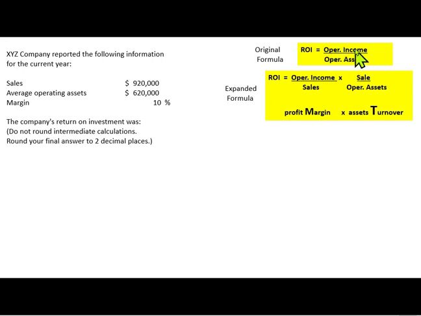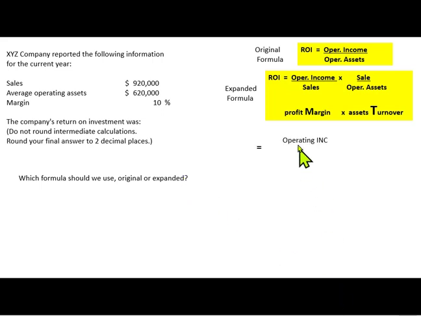Since we're looking for return on investment, we've only got one of the 3 pieces. So it's probably better for us to come down here and use this more expanded formula, because we just don't have enough pieces to find this unknown. So which formula should we use? Probably the expanded one.